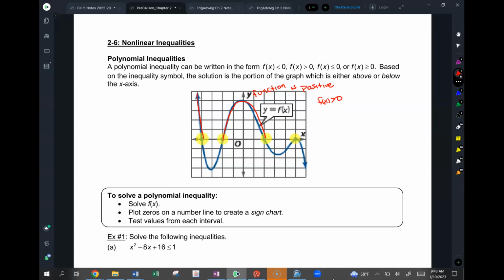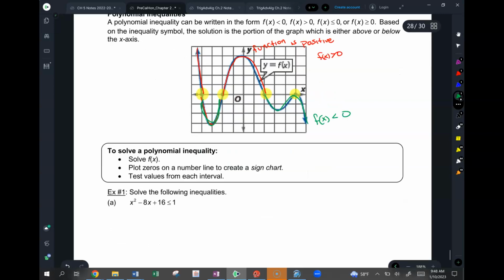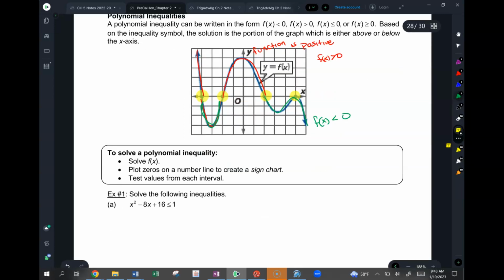Does that make sense? Okay. So similarly, in all these other regions here, f of x is negative or less than 0.